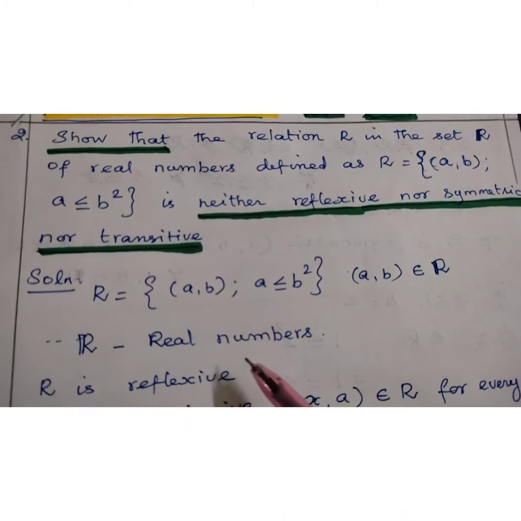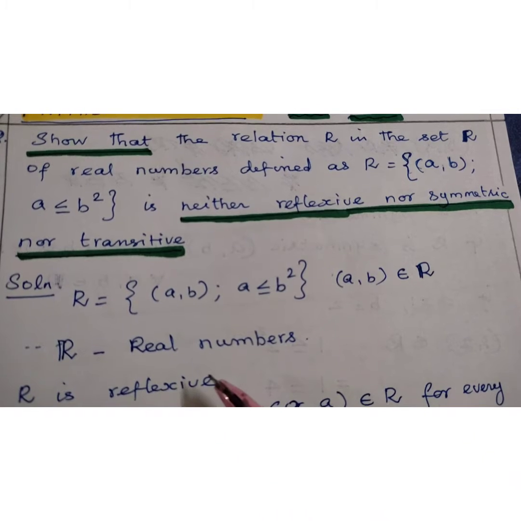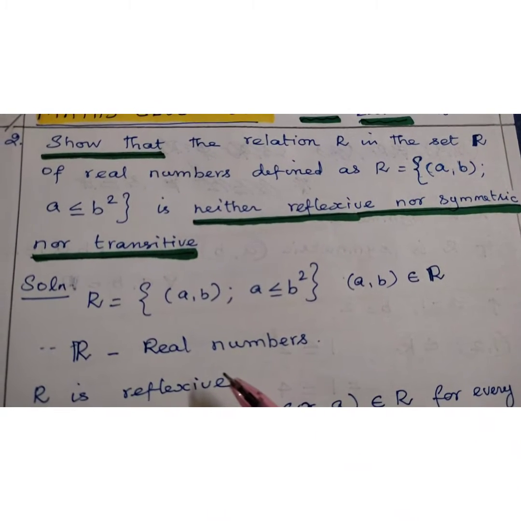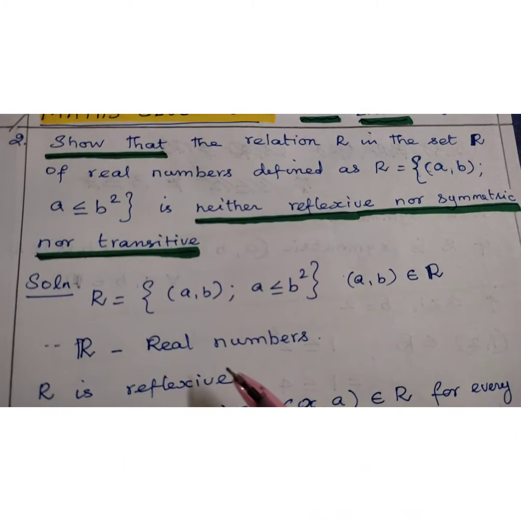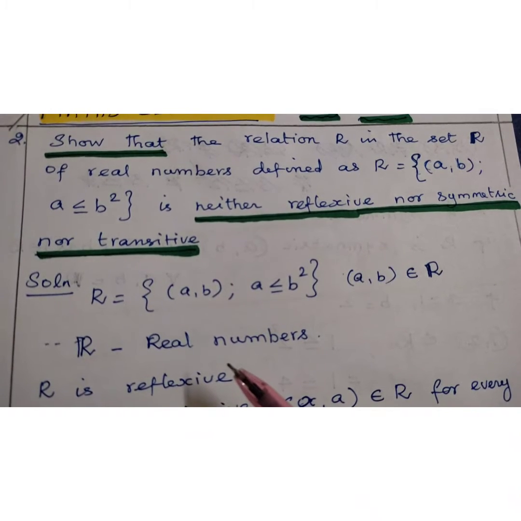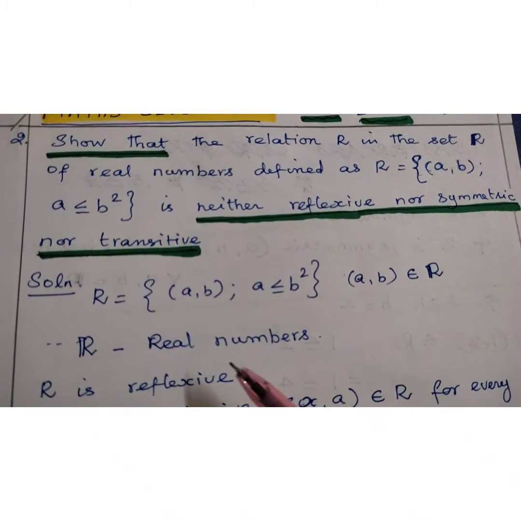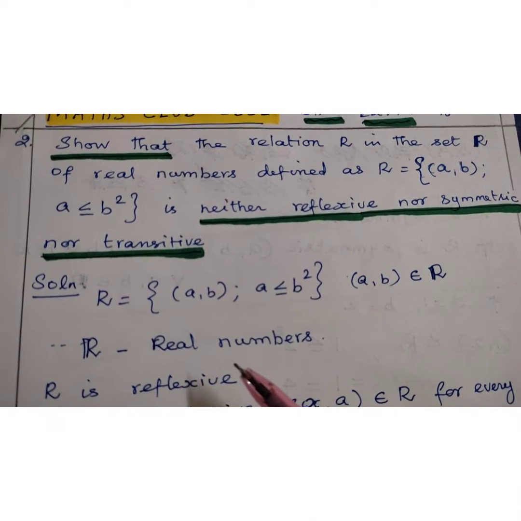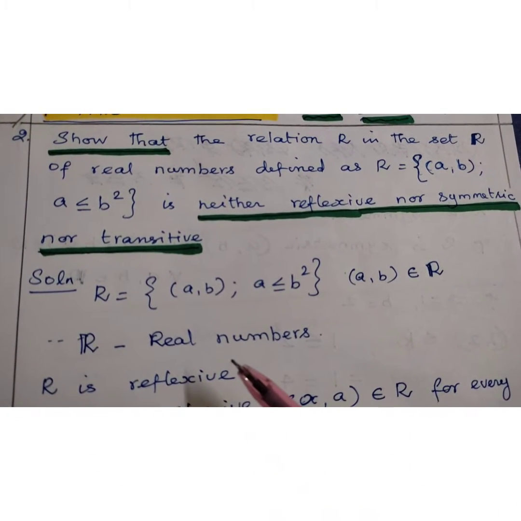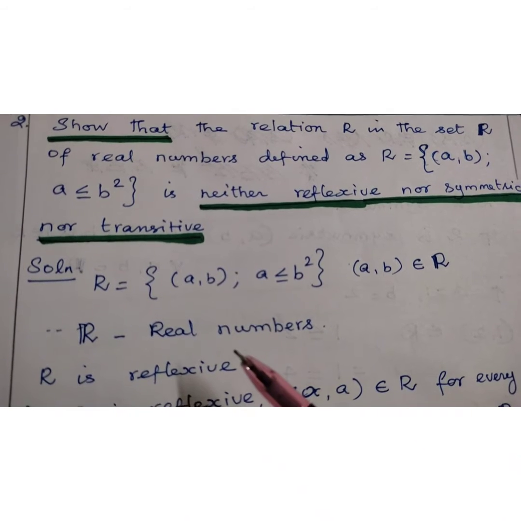Show that it is neither reflexive nor symmetric nor transitive. That means here we have to prove that this relation R is not reflexive, not symmetric and not transitive. Now we have the solution here.